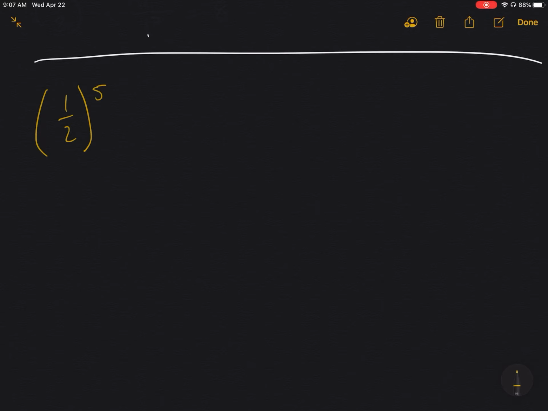There are no negatives there for the moment. What this says to me is I'm raising the numerator to the 5th power and the denominator to the 5th power. The numerator to the 5th is obviously just going to be 1, and 2 to the 5th is 32.